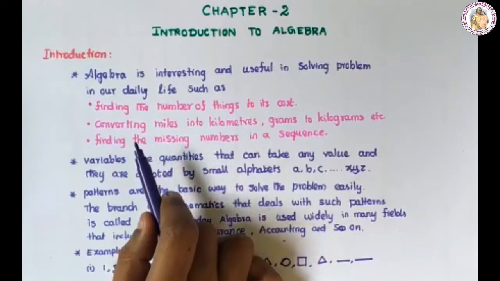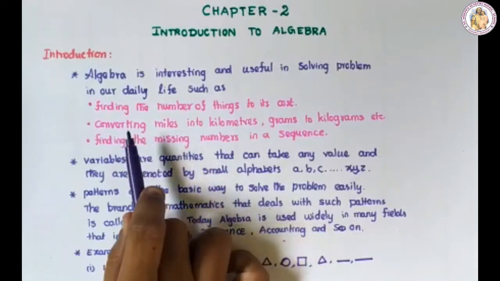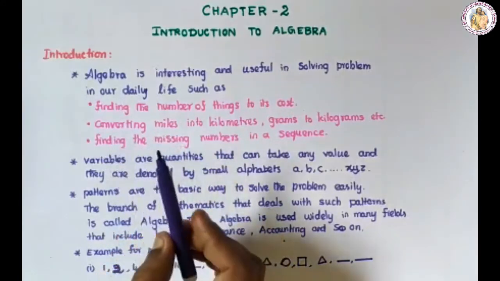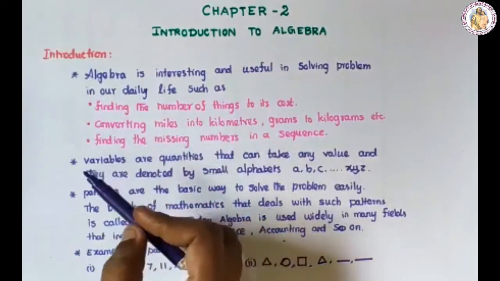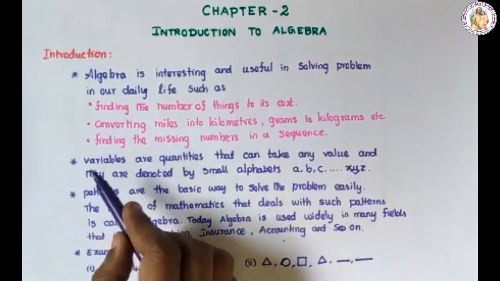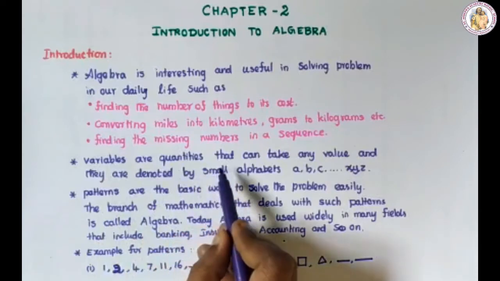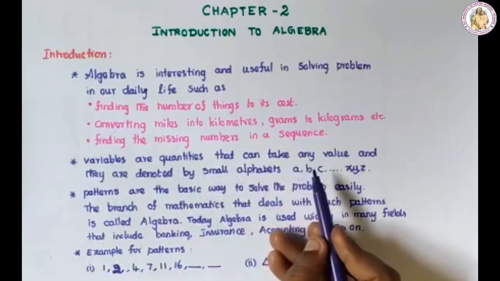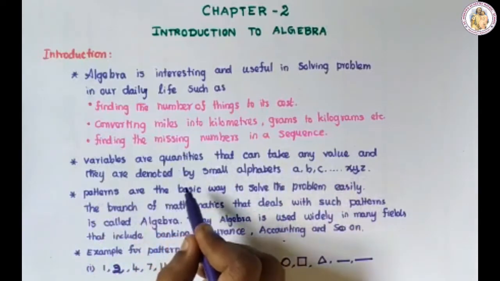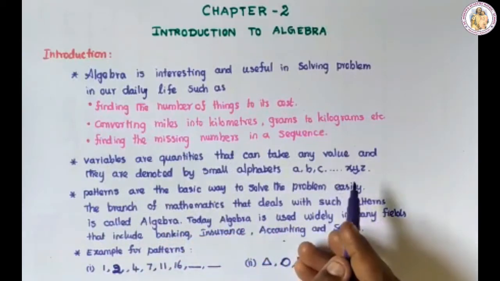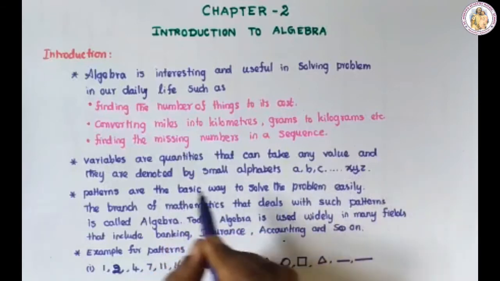That is also an algebra based game. Variables are quantities that can take any value and they are denoted by small alphabets a, b, c, etc. up to z.